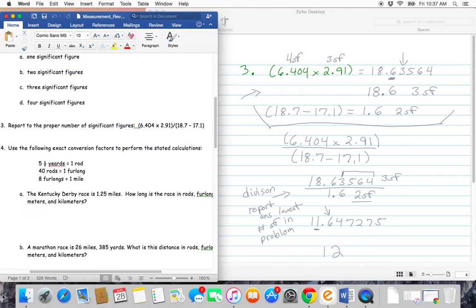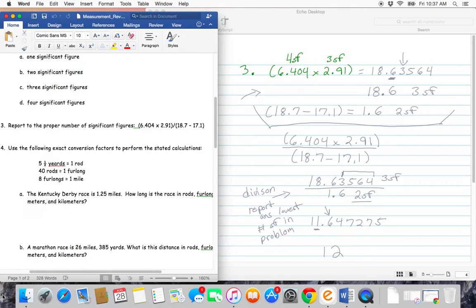We know from our rules of significant figures that this value, 6.404, has 4 SF, and I'm going to be using abbreviations for significant figures. And 2.91 has 3 SF.